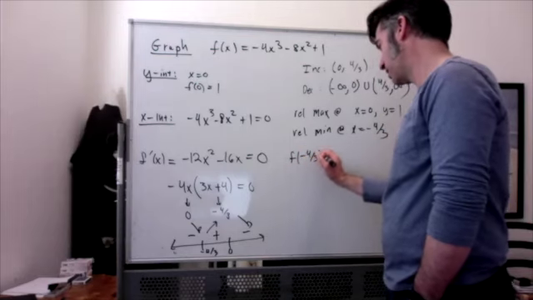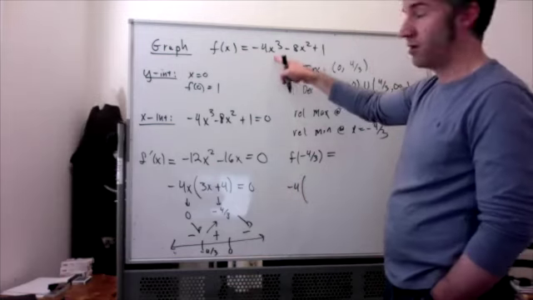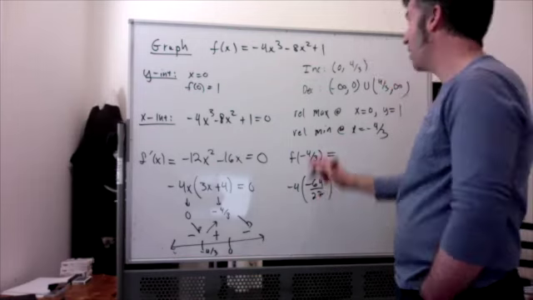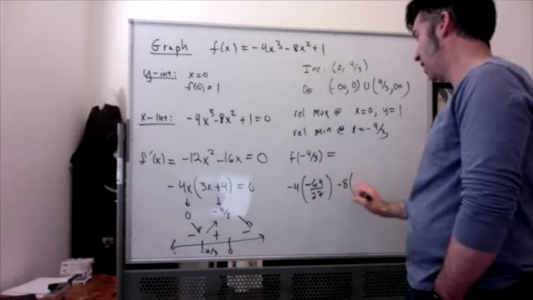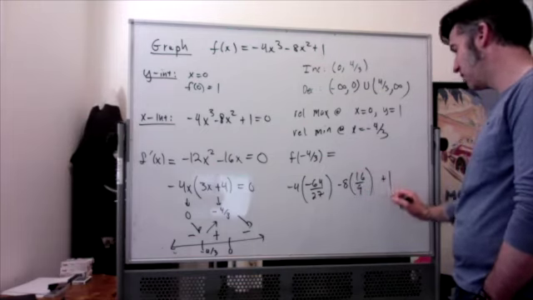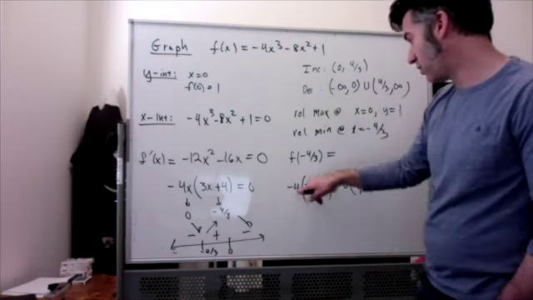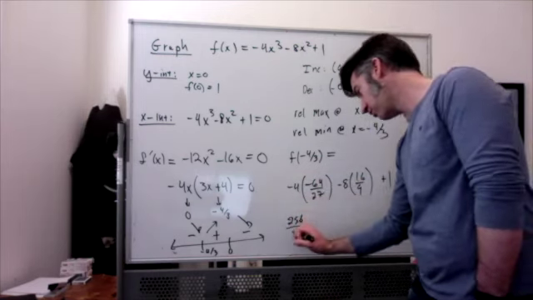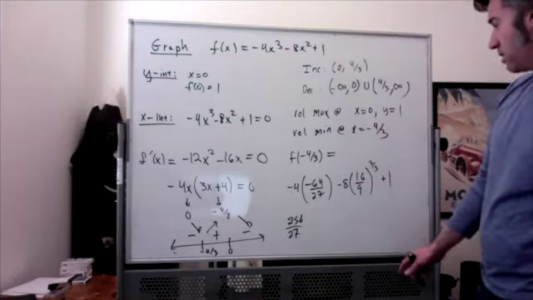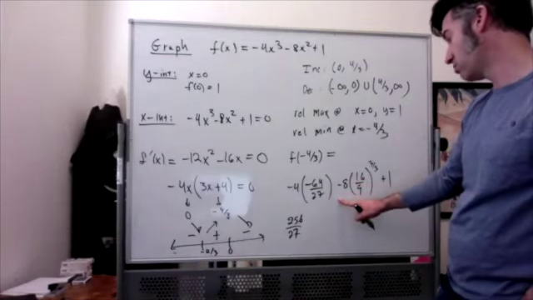I know it's not pretty, but it's okay. Sometimes the numbers are not going to be nice. F of negative 4/3 is going to be negative 4 times negative 4/3 cubed, which is negative 64 over 27. And then negative 8 times negative 4/3 squared, which is 16 over 9. And then plus 1. This turns out to be maybe a tiny bit less terrible, although you might not believe it. 4 times 64 is 256 over 27. Multiply this by 3 over 3 to get 48 times 8, which I said was 384.